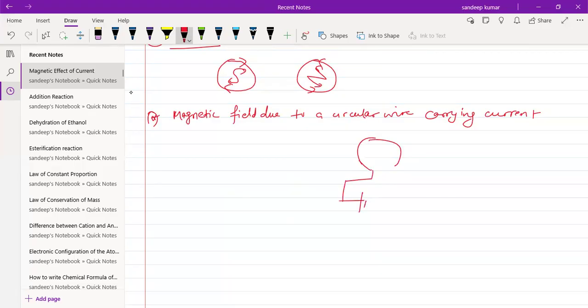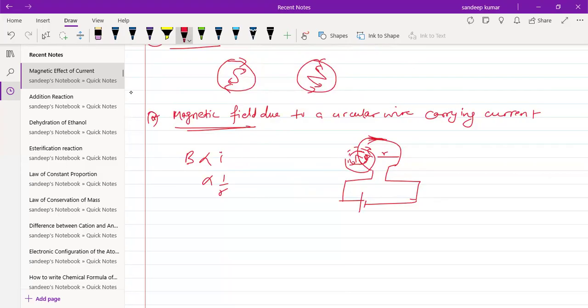It also produces a magnetic field. Here the magnetic field is directly proportional to the current, and it is inversely proportional to the radius. Those are the two things. To know the direction of the magnetic field, you have to use the right hand thumb rule. At this point you can see current is going upward, so it will be anti-clockwise.